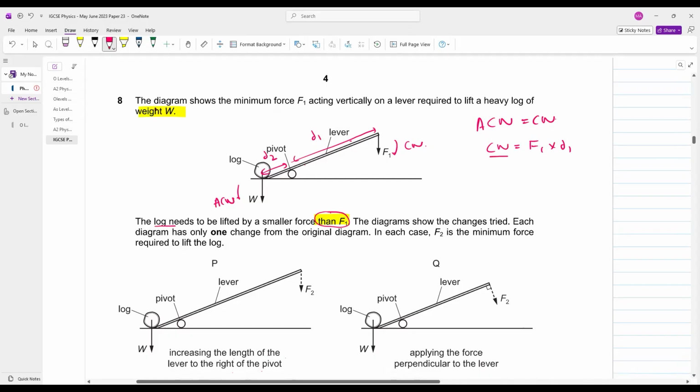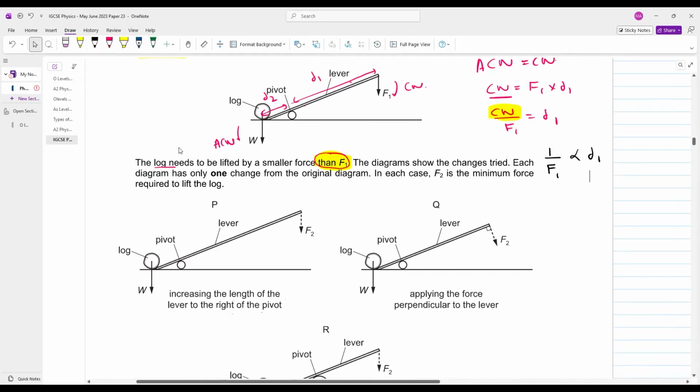If you want to lift the log, the clockwise moment will remain the same. You want to keep the clockwise moment constant but you need a smaller force. What can happen here? So let's assume clockwise moment divided by F1 is equal to D1. You want the clockwise moment to remain constant but want to reduce F1. Can you realize force becomes inversely proportional to the distance?